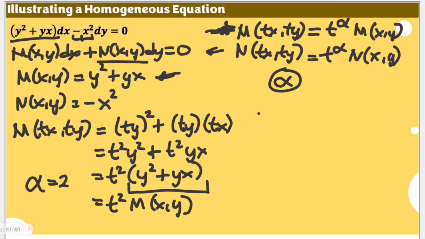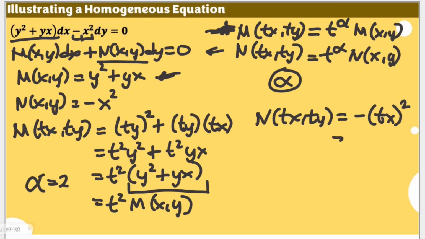Now, let's see if we still have the same alpha as we look into N of tx, ty. This would mean you have minus, instead of x squared, you have tx, and then you square that. As laws of exponent tell us, again take note here, we are not squaring the negative sign, we are only squaring the tx as we substitute it for the original x.